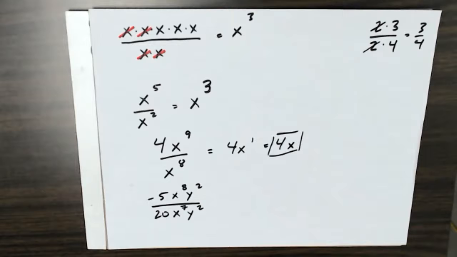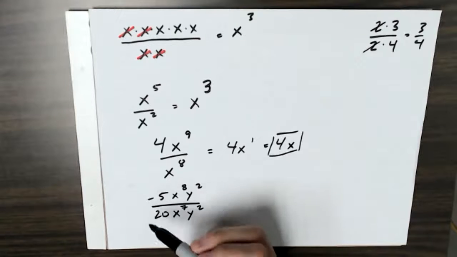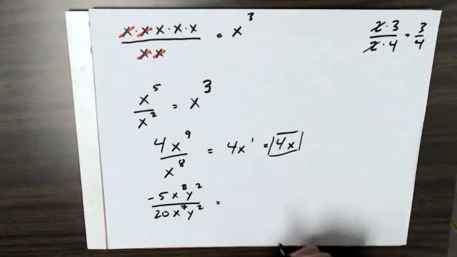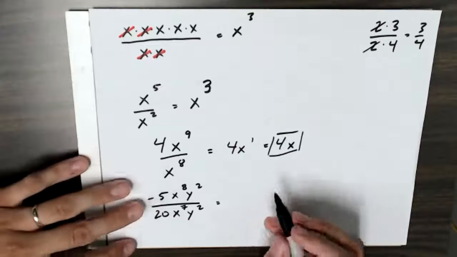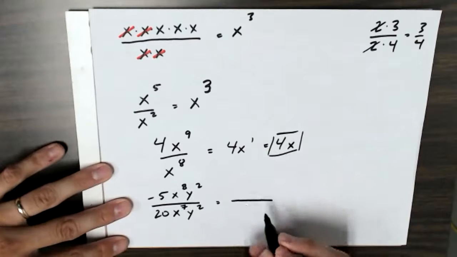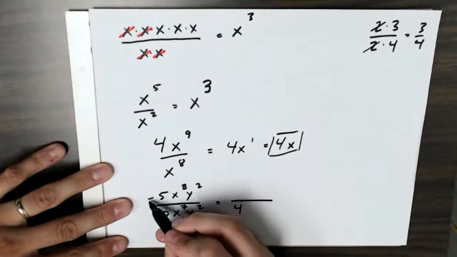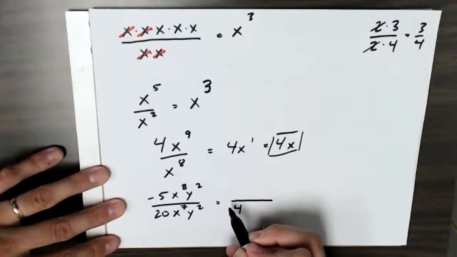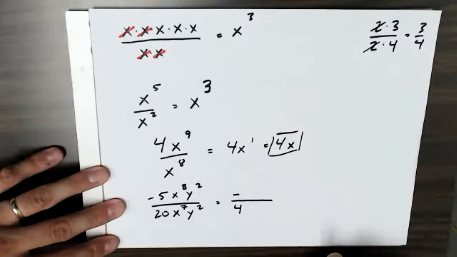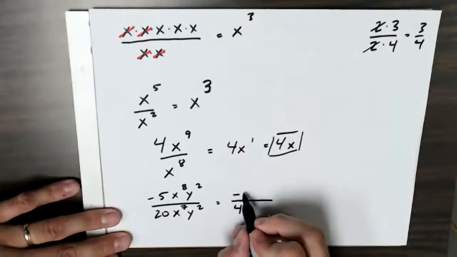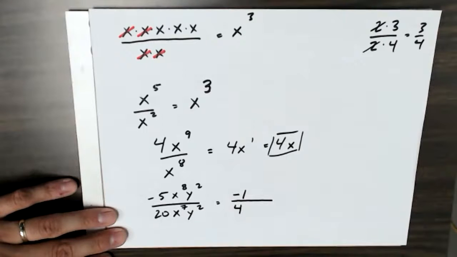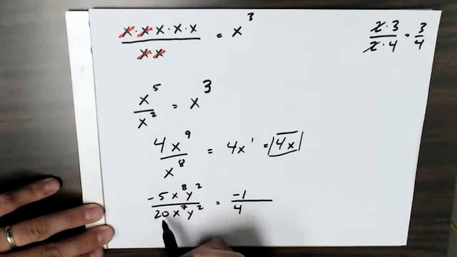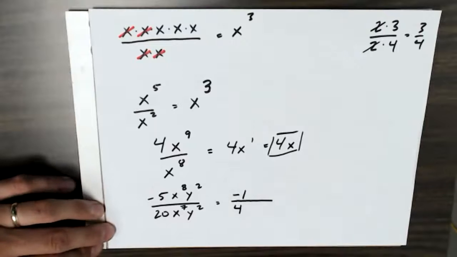So first off, let's look at the numbers. -5 and 20, they simplify, right? That's just a fraction. -5 over 20, they're both divisible by 5. So that leaves me with a 4 in the denominator, but now that negative has to stay. Now you can put the negative out front if you want. I'm going to just leave mine on top. It doesn't matter. And you can write it as -1 if you want. There's nothing wrong with that either. But -5/20 simplifies to -1/4.